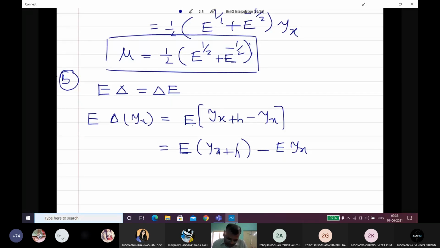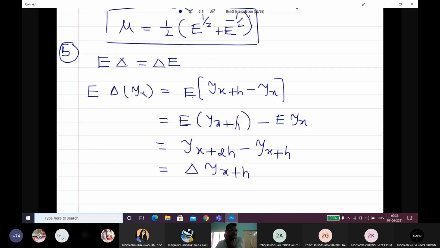That is y of x plus 2h minus y of x plus h. Now this is nothing but delta of y of x plus h, and y of x plus h is equal to E of y of x.